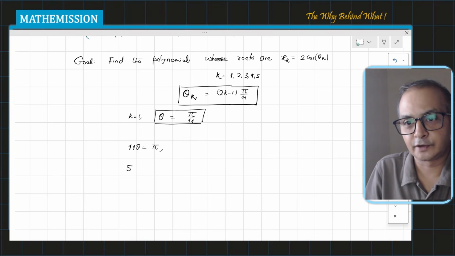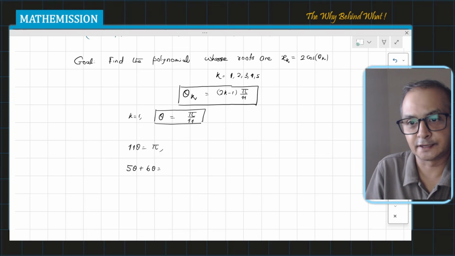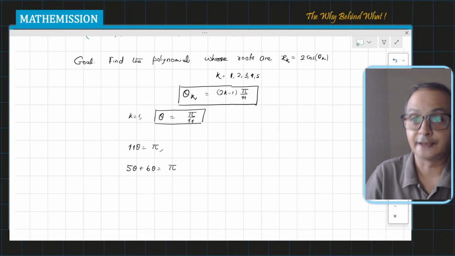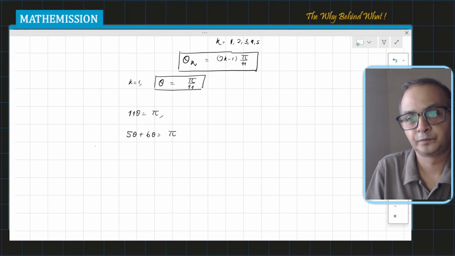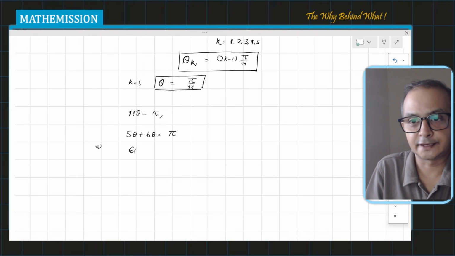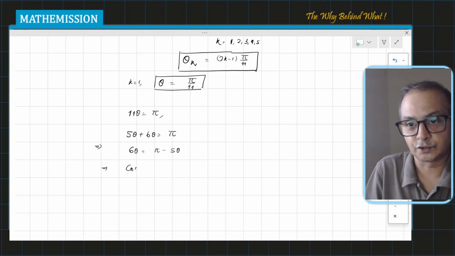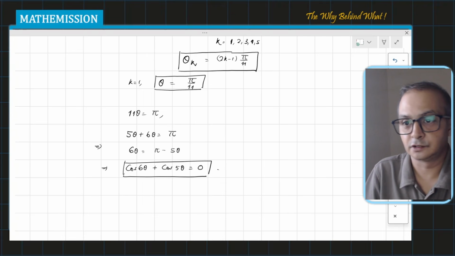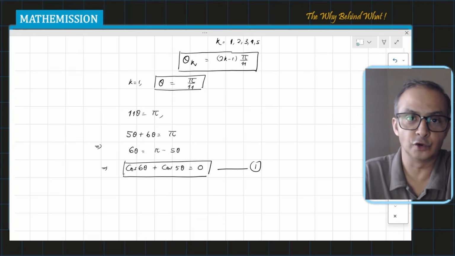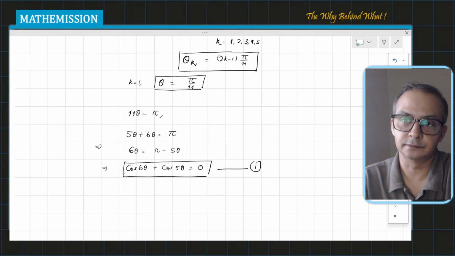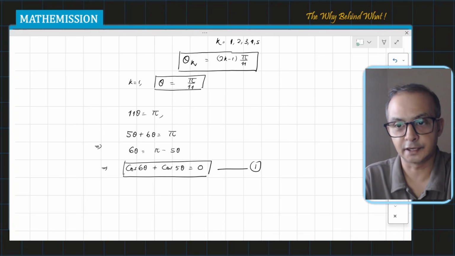So I know that I can write 5 theta plus 6 theta is equal to pi, as 11 theta is equal to pi, and here I can write 6 theta is equal to pi minus 5 theta. So I can write further cosine 6 theta plus cosine 5 theta is equal to 0. Now this equation has the potential to transform into a polynomial of cosine, and here comes some deeper mathematical exploration.